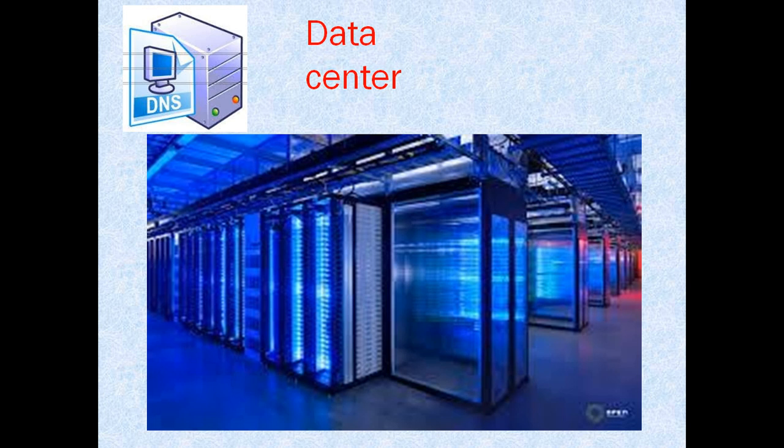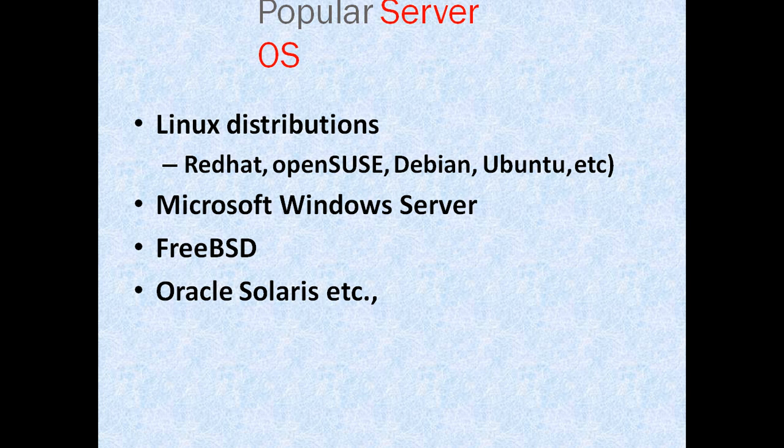It is used for storing, processing and serving large amounts of mission critical data to their clients. It requires an extensive backup power supply system, cooling system, high speed networking connections and security systems in order to successfully manage these data centers. A few popular server operating systems are Linux distributions, Microsoft Windows Server, FreeBSD, Oracle Solaris, etc.